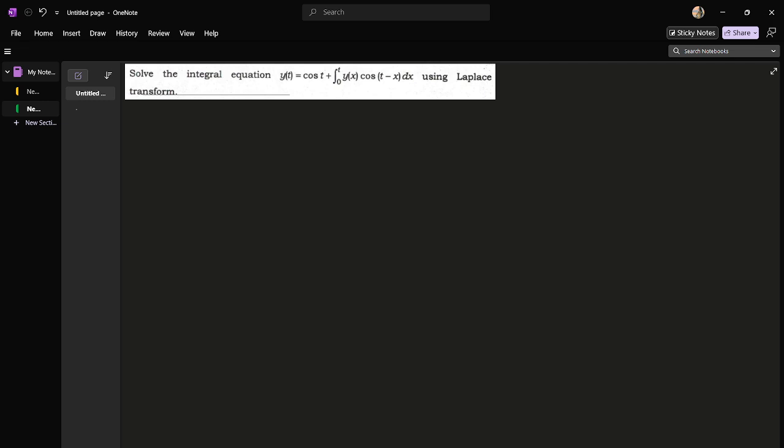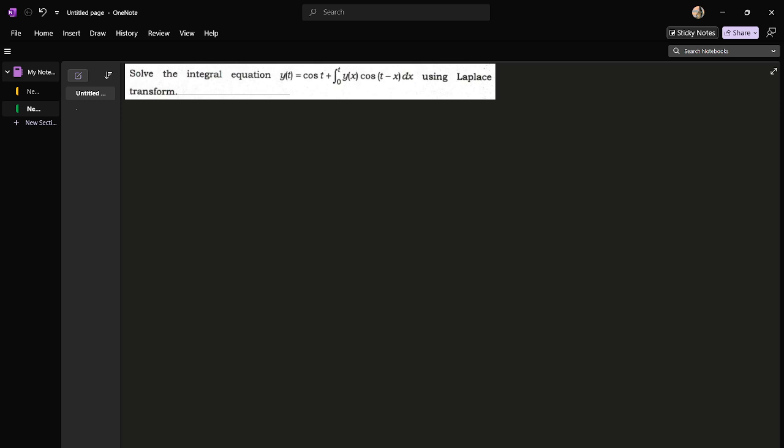The question says we have to solve the integral equation, which is y(t) equals cos t plus the integral from 0 to t of y(x) cos(t minus x) dx, and we have to use the Laplace transformation to do the sum.